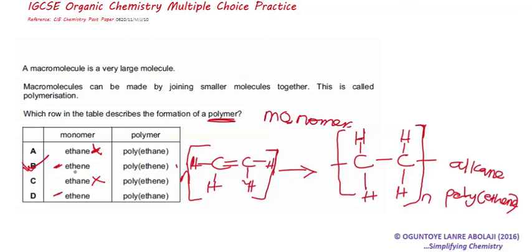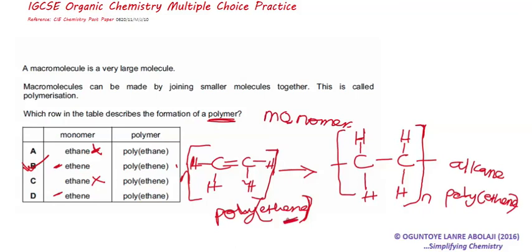When many ethene molecules come together, that is shown by using n to show thousands of molecules of ethene coming together. The resulting polymer will be called polyethene. The bracket tells us that the monomer there is actually the ethene molecule.